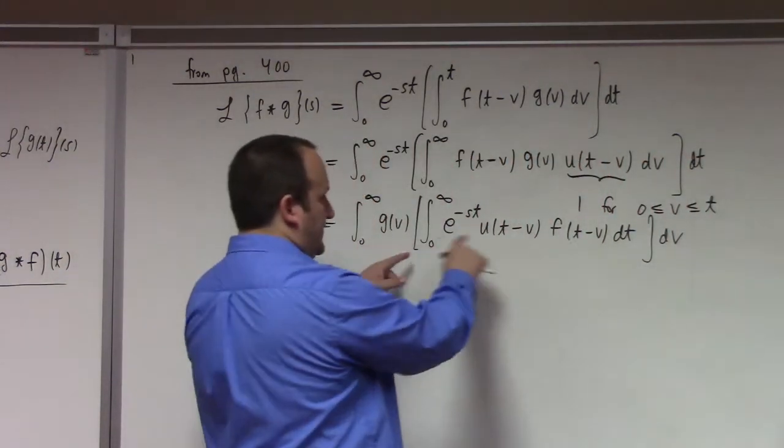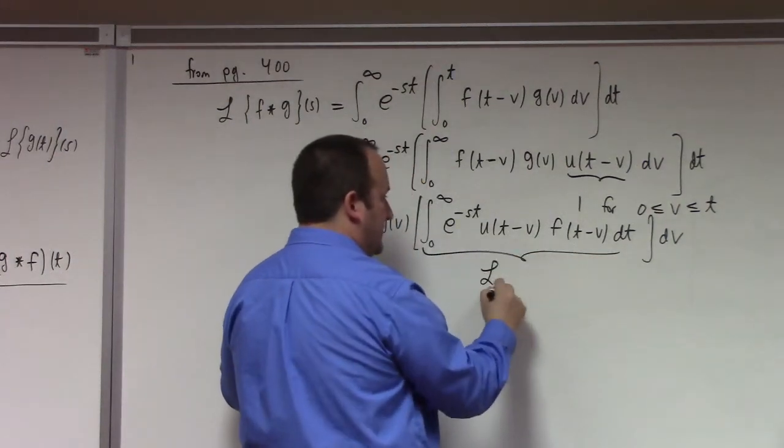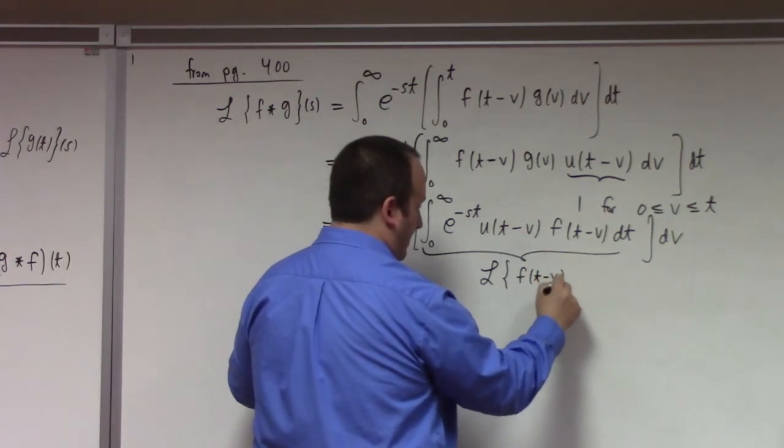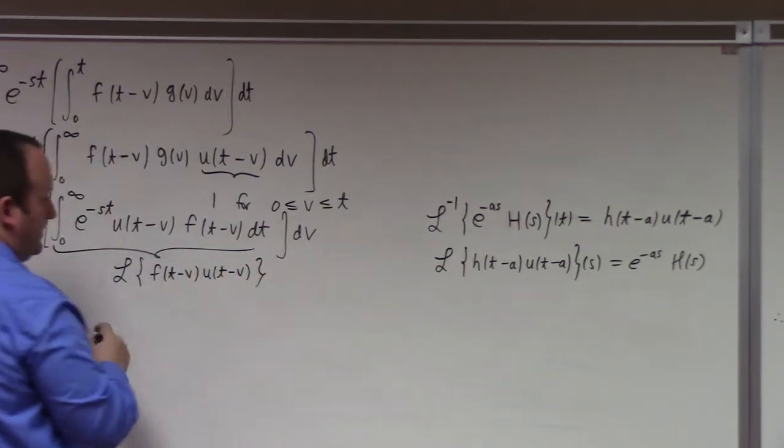Now here, if you look at this, what is this? This is the Laplace transform of f of t minus v, u of t minus v, right?